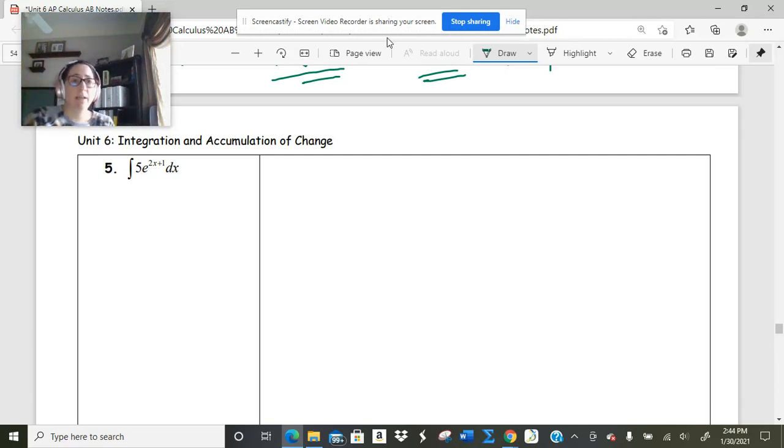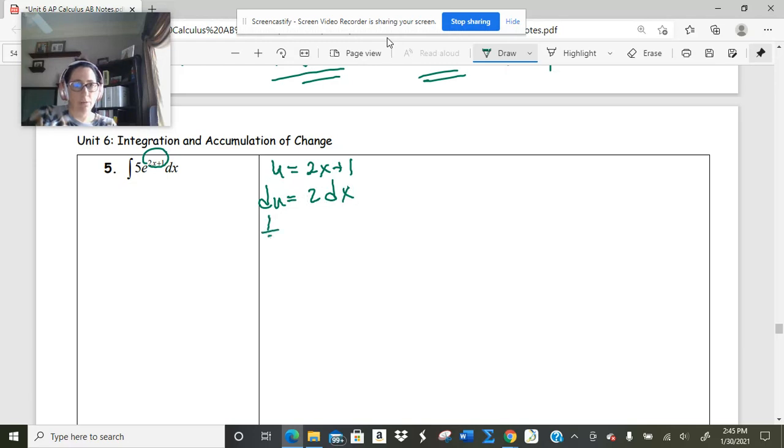So I have this e, and again, it is with a linear. I'm going to show you the u sub, and then I'm going to show you another way to think about it as well, just like we did with the sine and the cosine. So I'm going to let u now be the inside, which is that exponent, 2x plus 1.